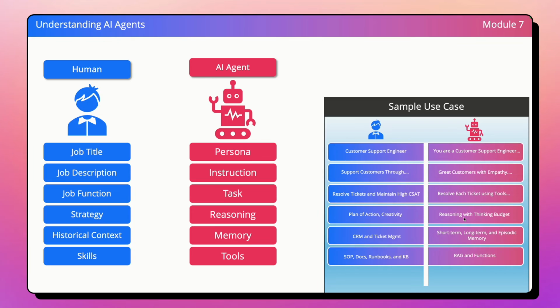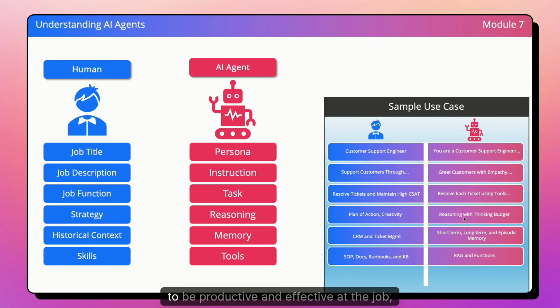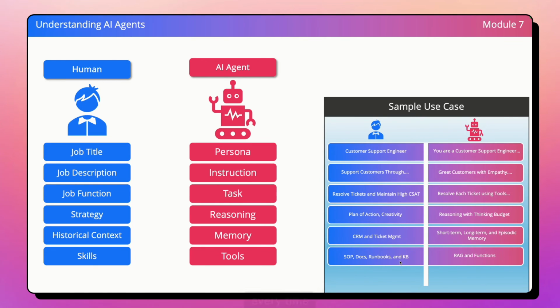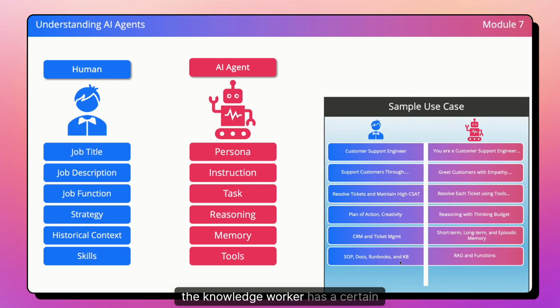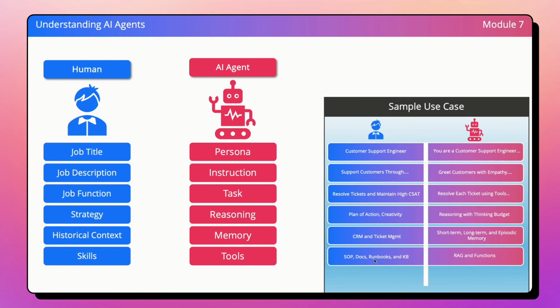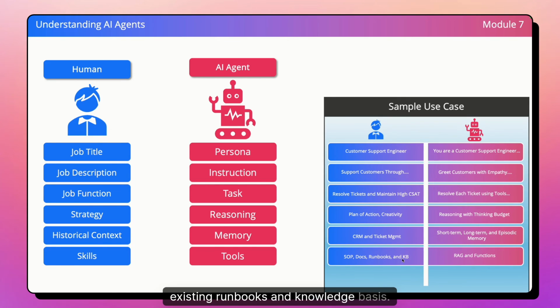with ADK. And to be productive and effective at the job, of course, the knowledge worker needs to have some skills. And these skills are using appropriate software tools or appropriate productivity tools. For example, every time the knowledge worker has a certain query or when in doubt, he will always refer to standard operating procedure, documentation, existing runbooks, and knowledge bases.